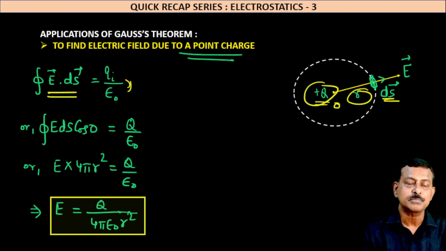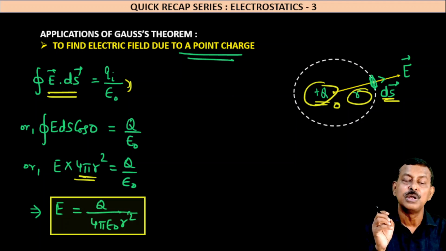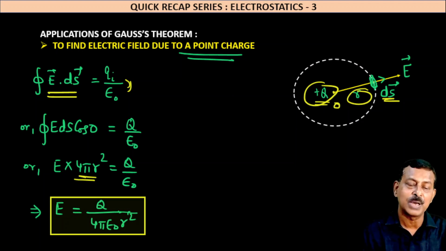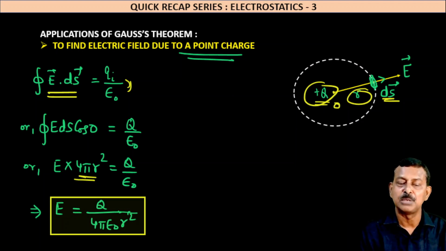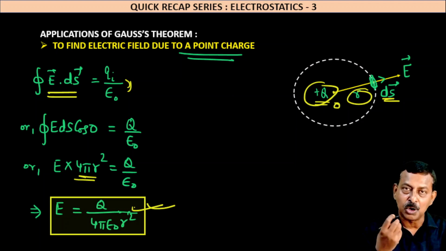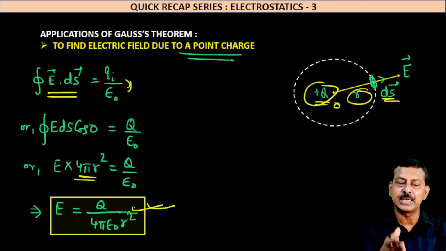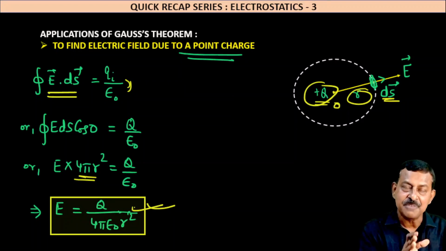So it is E into 4 pi r square, because the integration over the closed spherical surface gives 4 pi r square. So it is q by epsilon naught, and E will be q by 4 pi epsilon naught r square. This is the expression for the electric field due to a point charge. This we have also derived by using Coulomb's law. So you can see that we can get directly the same value of the electric field when we are applying Gauss theorem.